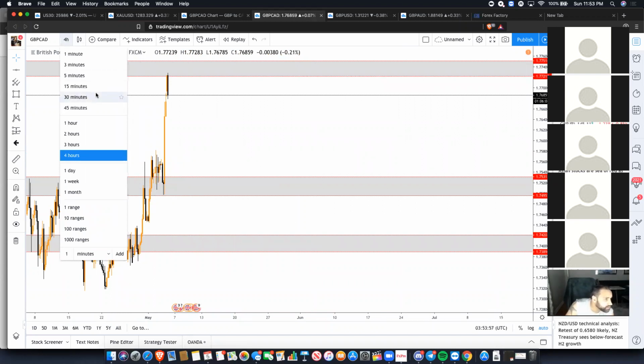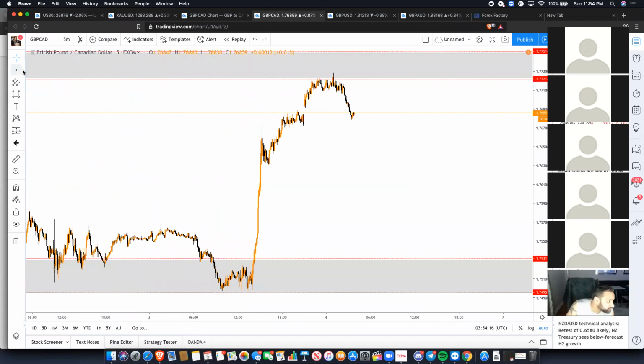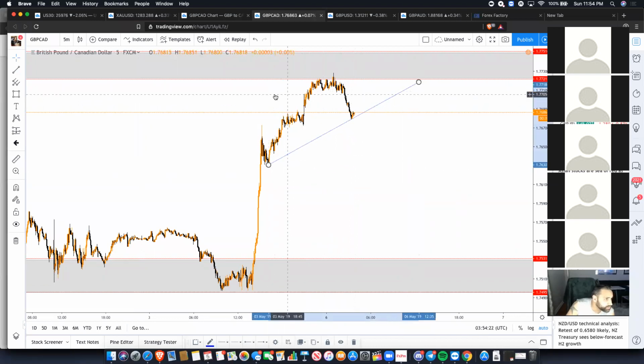So let's see. There goes US 30. And that stop I said is from the highs from way back, but today's high is 30 pips away, so it's actually a pretty good trade.